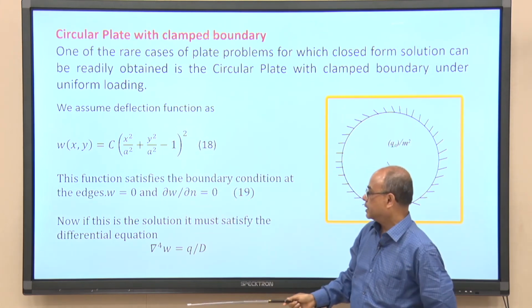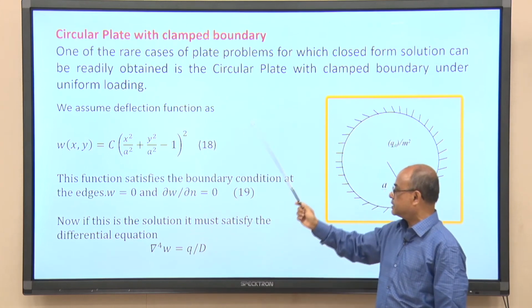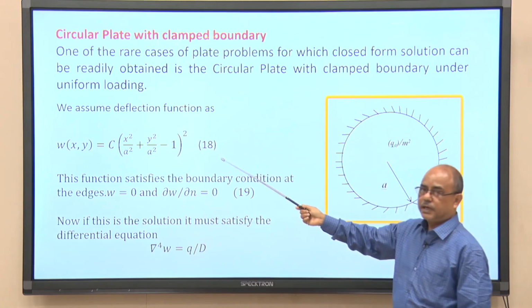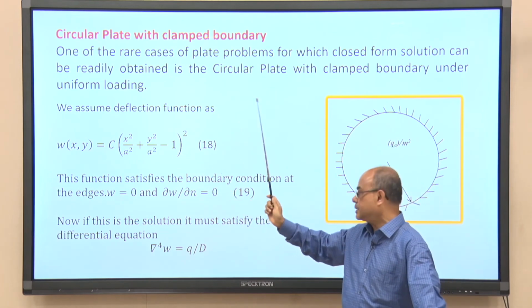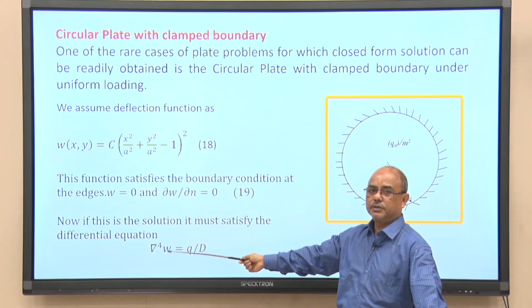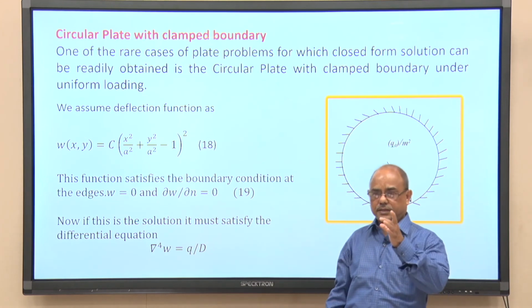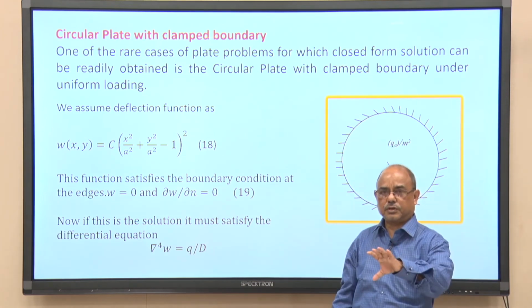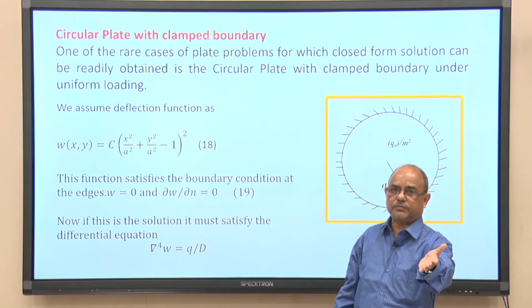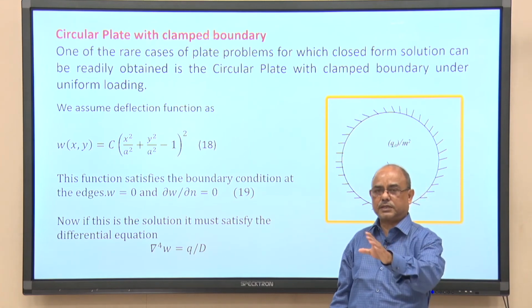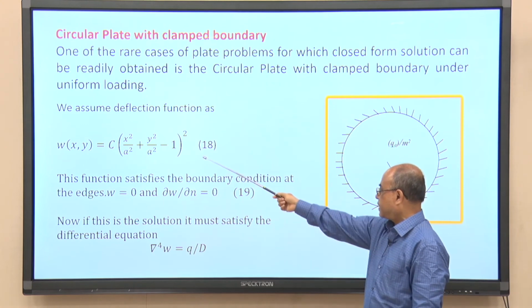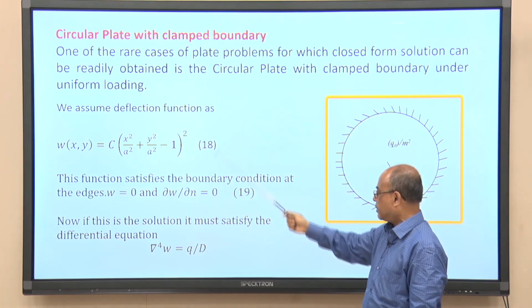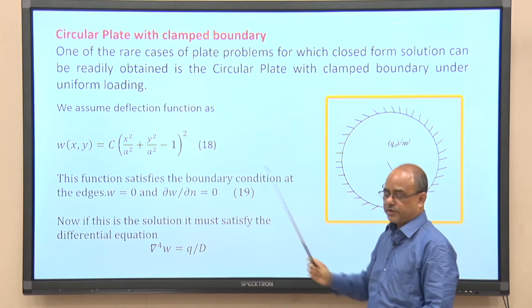Now, if this condition is satisfied and if I think that it is the solution of the differential equation, it must satisfy the differential equation. So, when I take a certain function as a solution, I have to substitute it in the differential equation to see whether both sides are equal. So, this function w(x, y) now has to be substituted in this differential equation.